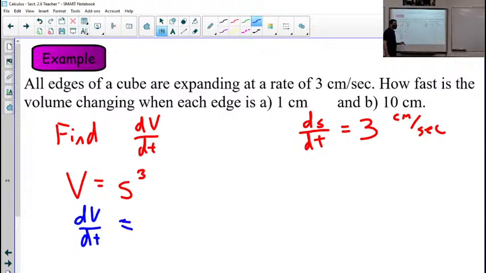Equals derivative of s cubed is 3s squared. And then that's going to be ds/dt. We're going to write a ds/dt. Again, in our notation here, that is how much s is changing with respect to time.